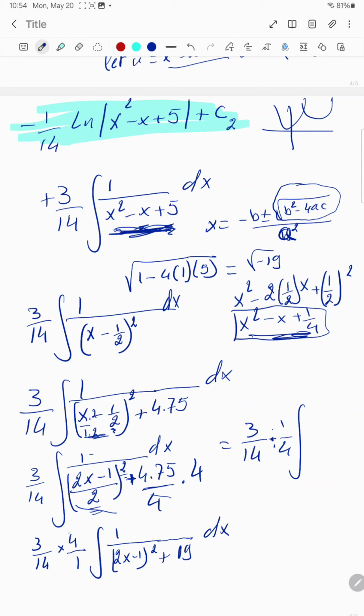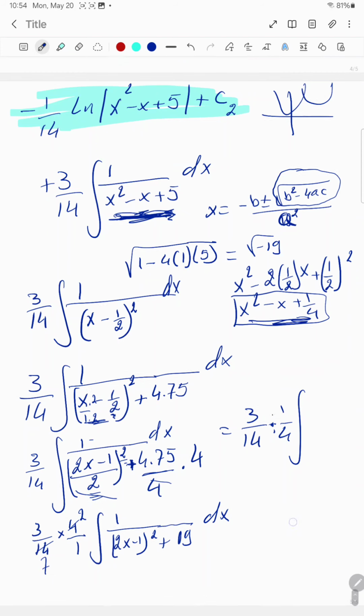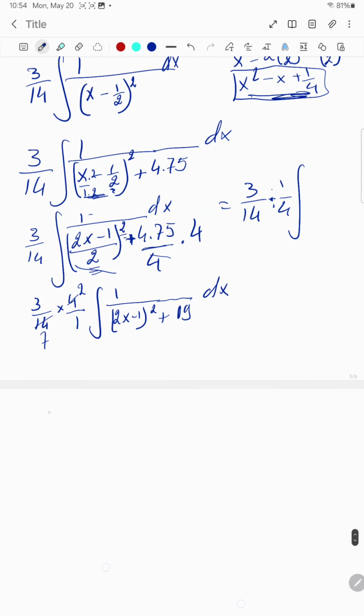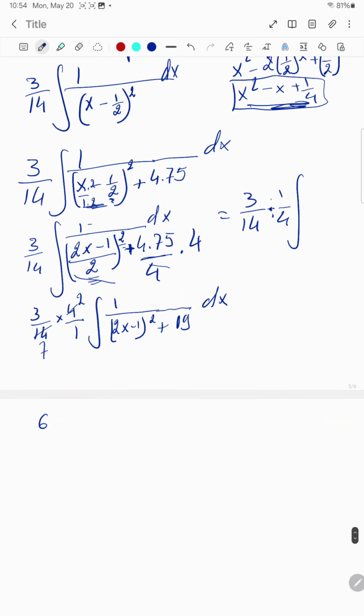And here I can simplify, it becomes 2 here and 7 here. And that's all what I can simplify. And 3 times 2 is 6 divided by 7. So my integral becomes 6 divided by 7 integral of 1 divided by (2x minus 1) squared plus 19 dx.